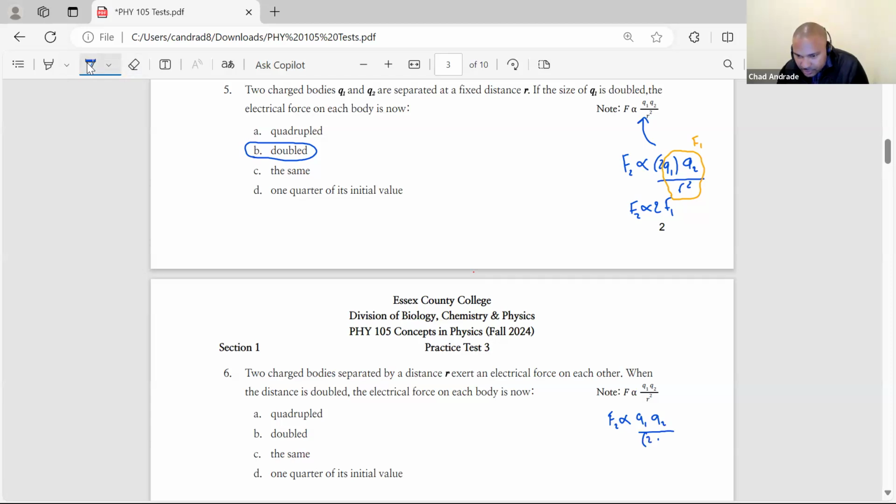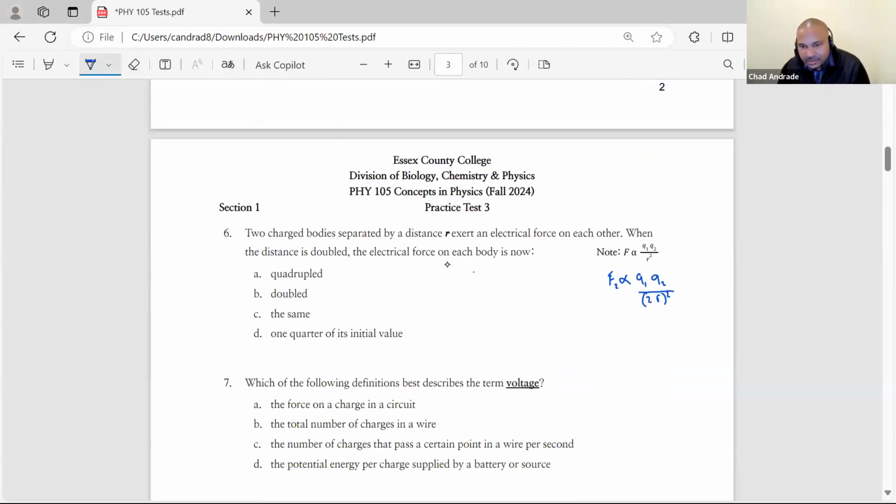It's 2R all squared, because now R is doubled. And then I'm going to do the same thing. You see that 2 beside the R? I'm going to take it outside.